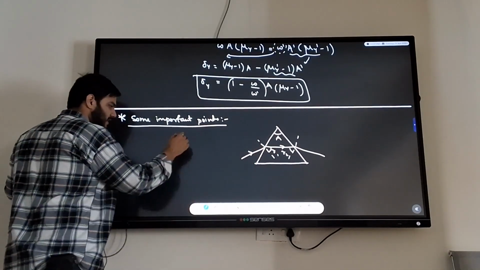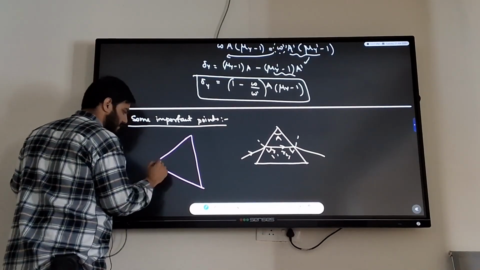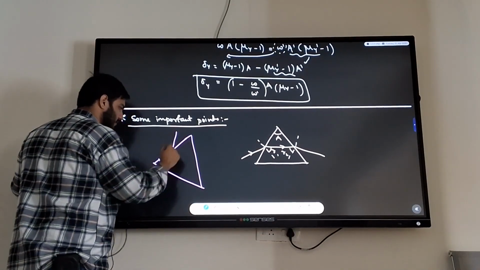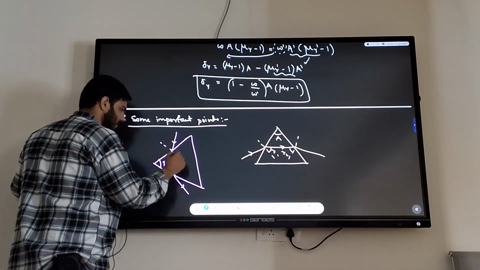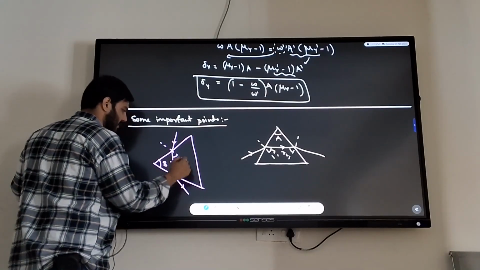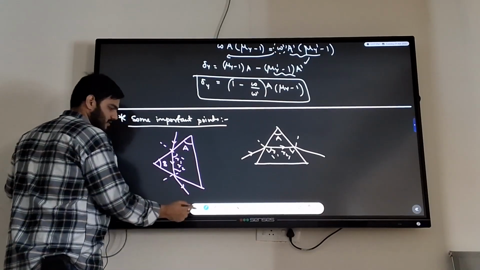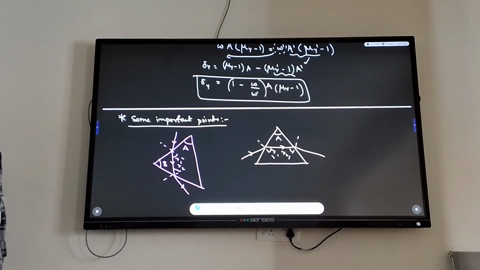What if you have a figure like this? And the ray of light comes here, goes like this. And this is R1, this is R2. And this is A. What about R1 plus R2? What is it equal to now? It is equal to A this time.